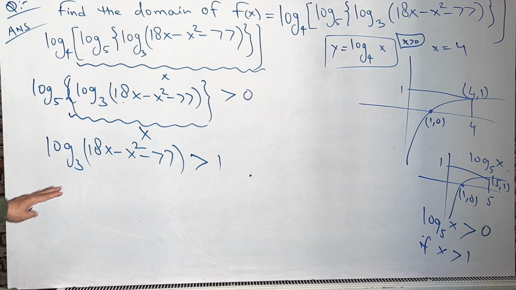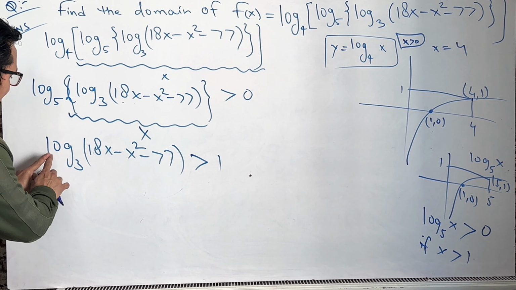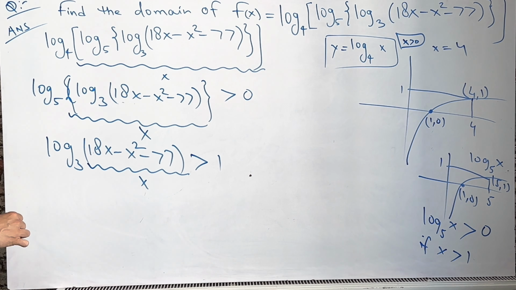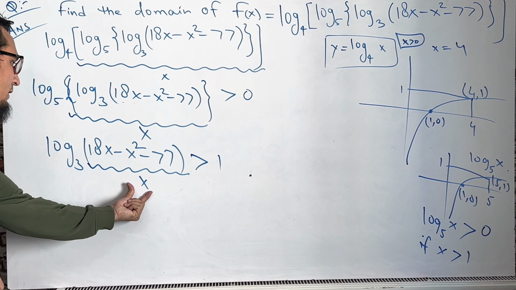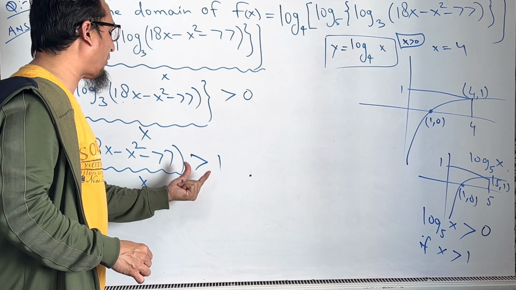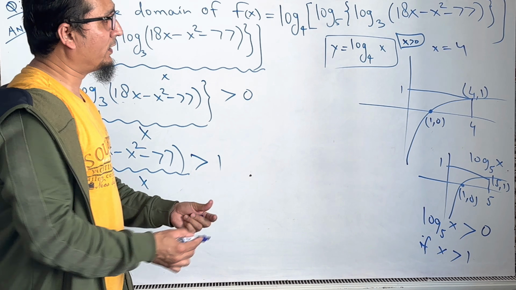Step by step. Now, we have a graph of log base 3 of x, right? And in this condition, we want the range where the function is greater than 1. So what will I do?